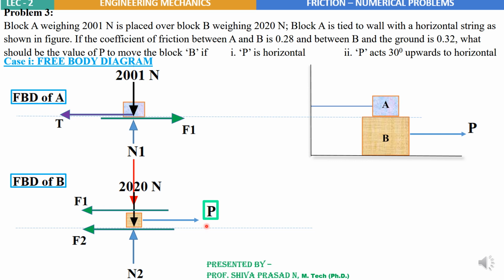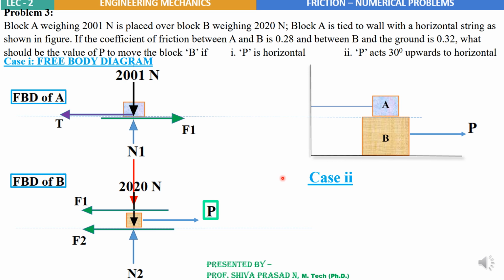Or just because this block is pulled towards the right, that is the motion will be to the right, F1, the friction in between A and B for block B, will be in the left side direction. So please note, we have 6 forces for block B and 4 forces for block A. So this is for case 1, that is when P is horizontal.